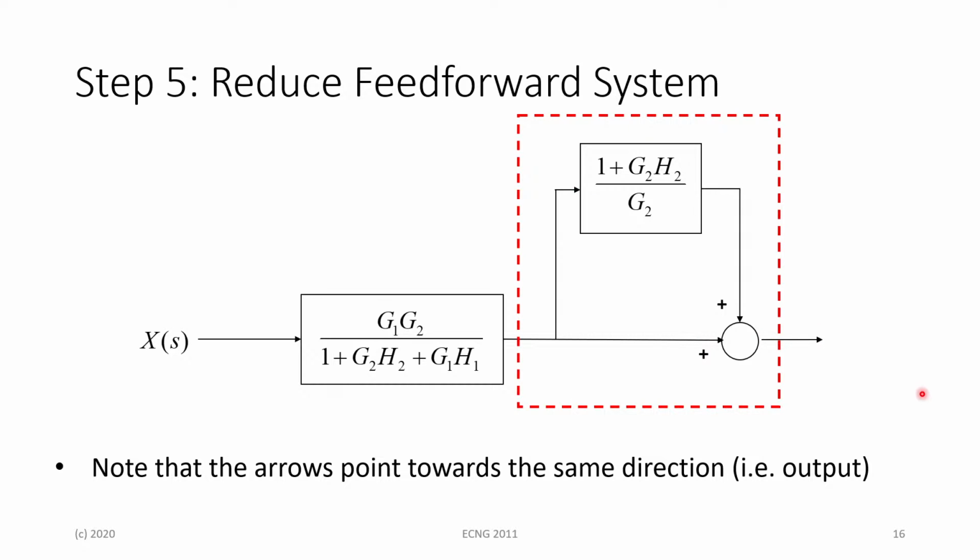When we have a plain line that doesn't have a block, we say that the value is just going to be 1. And because the value here is 1, and this being a feed forward system, it's going to be 1 plus G2 H2 divided by G2.